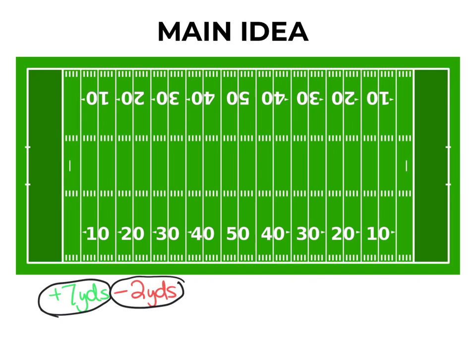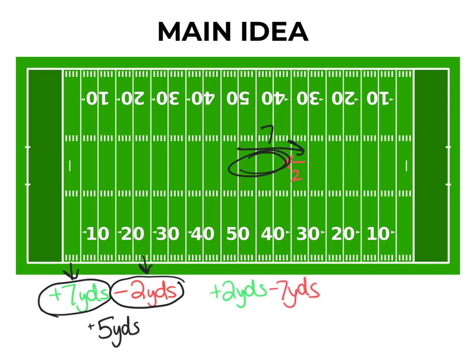So if they've moved 7 in the direction that you want to go, but then they worked backwards 2 in the direction you didn't want to go, overall, they've made it 5 yards. See, when the signs are different like that, we're subtracting the numbers. And to determine if it's going to be a positive or negative again, we look at what happened more. Did we gain more yards than we lost? Yeah, so my answer is positive.